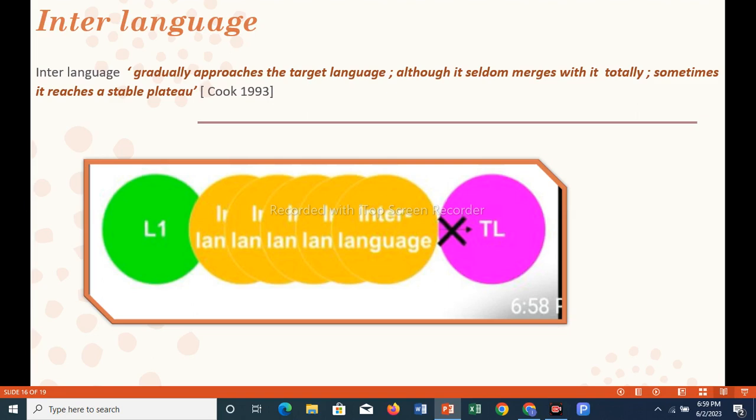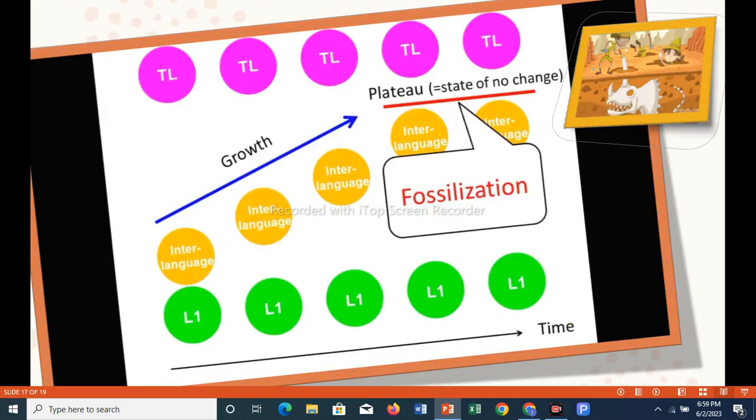Moreover, when we are learning the interlanguage, there comes a plateau, a gap, a point when there is no change in our language. For example, I am learning the first language, after that I am learning the interlanguage, and I am gradually developing. Then there comes a process, a certain fossilization, when there is no change in the language. However, this type of fossilization can also be cured, but there are certain other points that need to be explained.